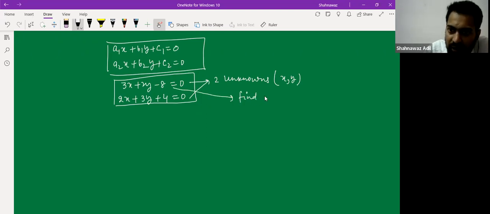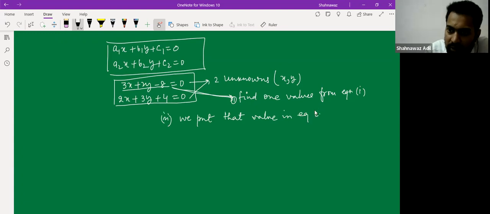What we do for the substitution method is we find one value from equation 1, and we put that value in equation 2.